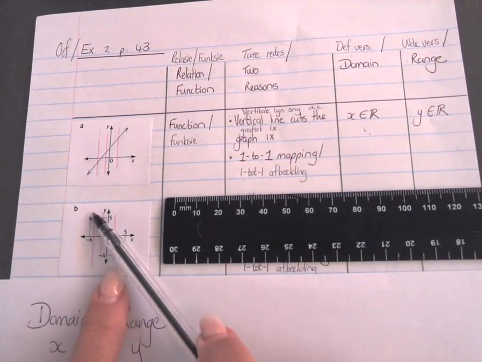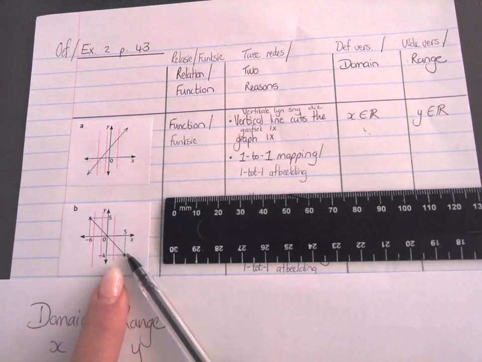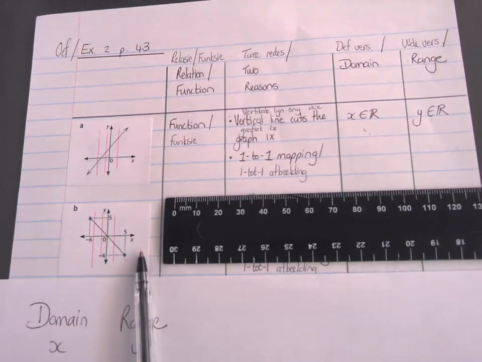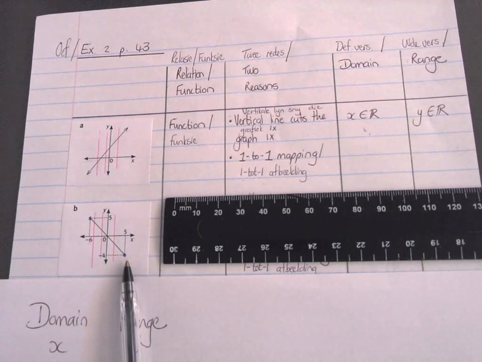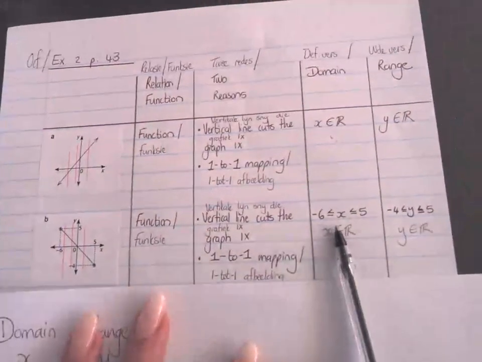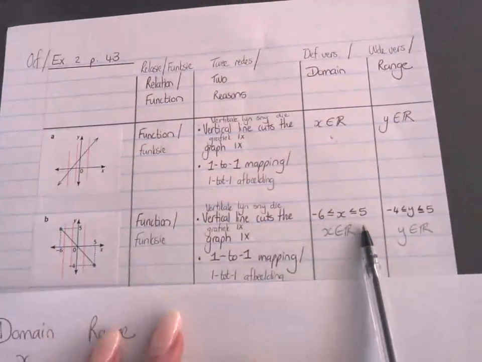It has dots. So what will the domain be in this case? It's -6 and x is 5. -6 is smaller or equal to x is smaller or equal to 5.